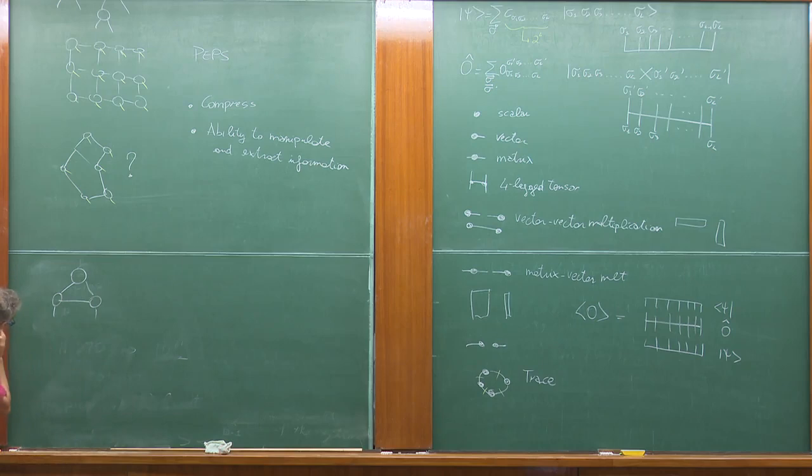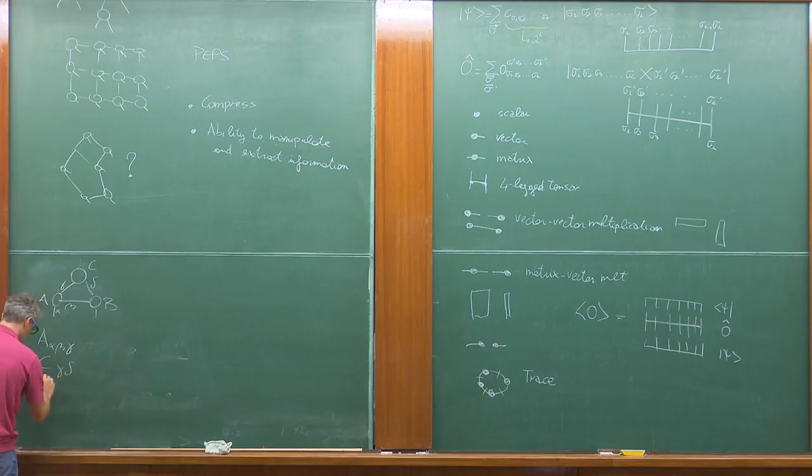Okay, so I have tensors A, B, and C. Now we have legs. Let's say A is a tensor with legs alpha, beta, gamma. Then you have C with legs gamma, delta.